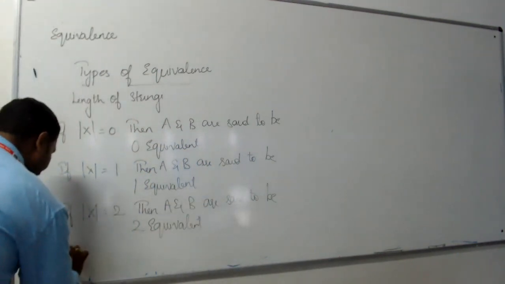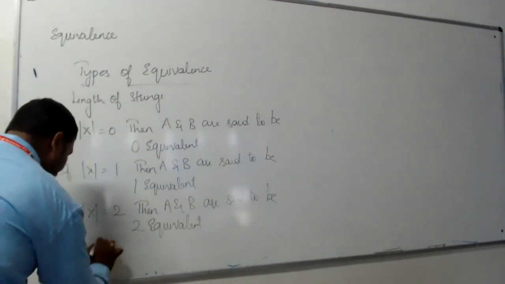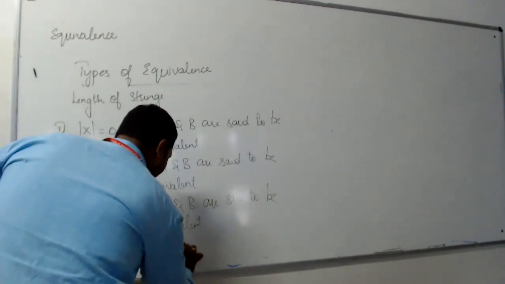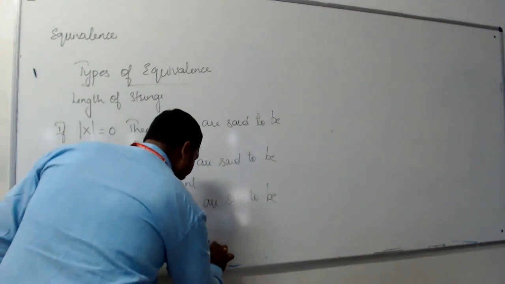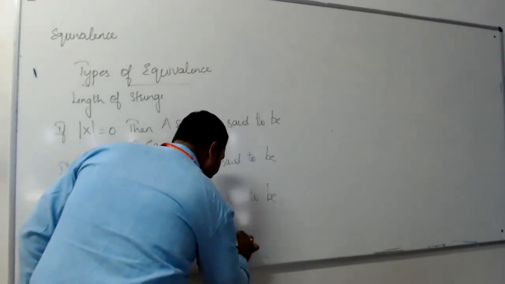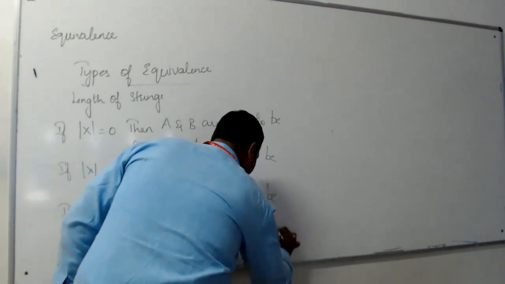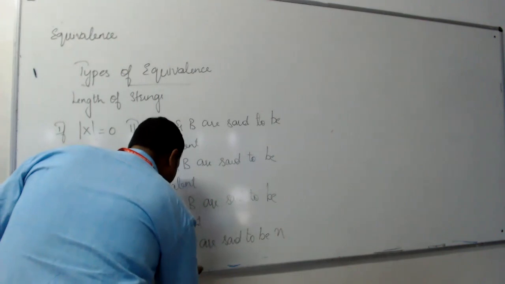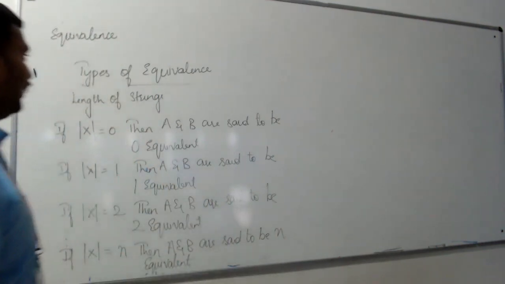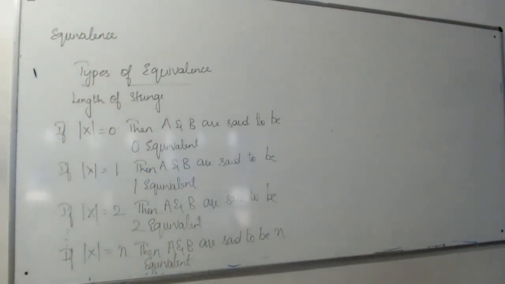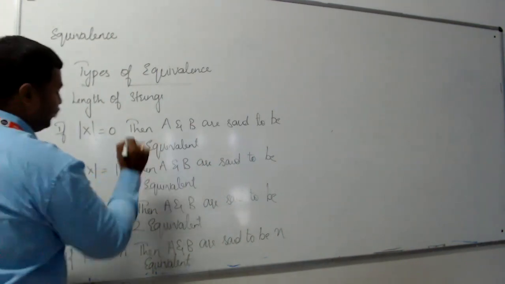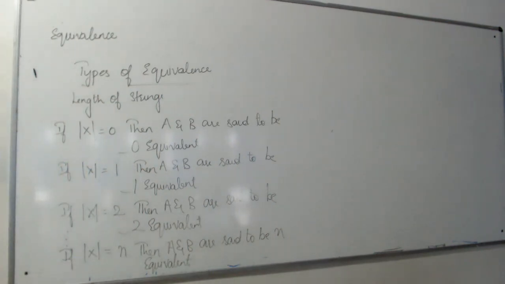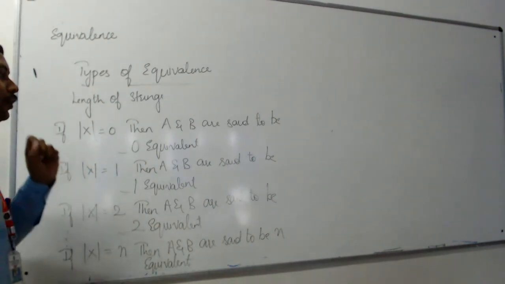Similarly, if the length of the string is n, then A and B are said to be n equivalent. Right? These are the different types of equivalence. What zero equivalence, one equivalence, two equivalence or n equivalence mean, we will understand through our examples.